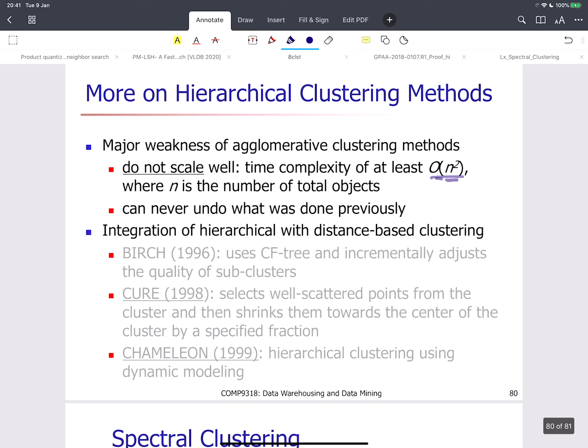But if you really want to use it for a large amount of data, there are advanced algorithms which combine hierarchical clustering with partition-based methods. One of the methods is that you sample the points, run your favorite HAC algorithm on the sampled points, and once you get the desired number of clusters, you select representative points or their membership as the initial centers.